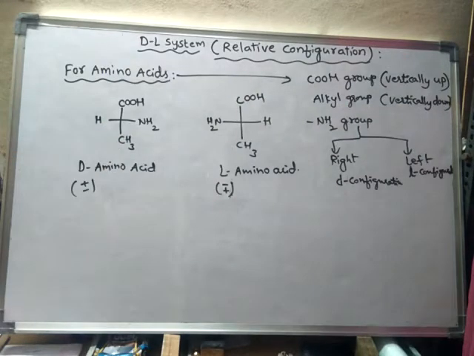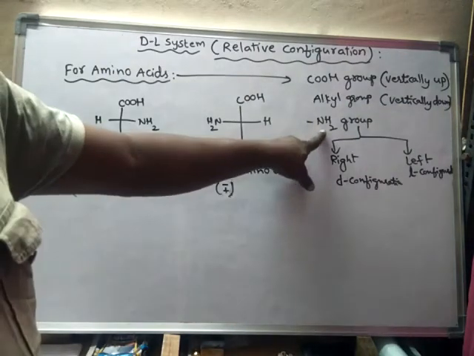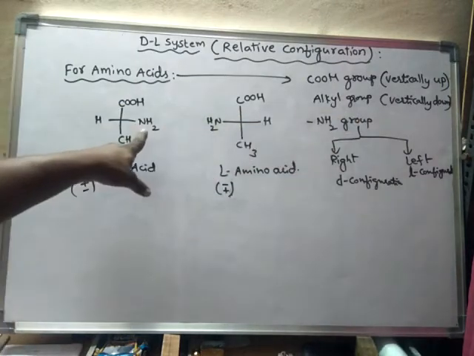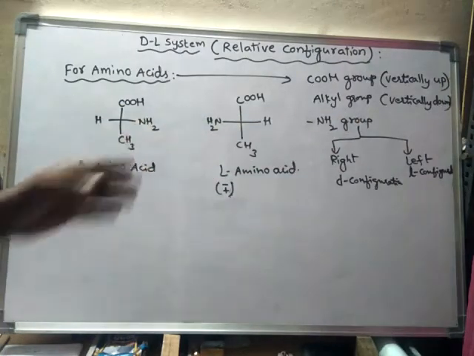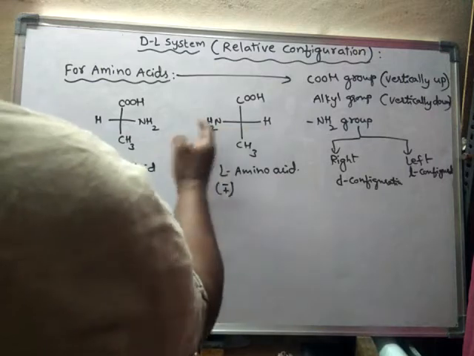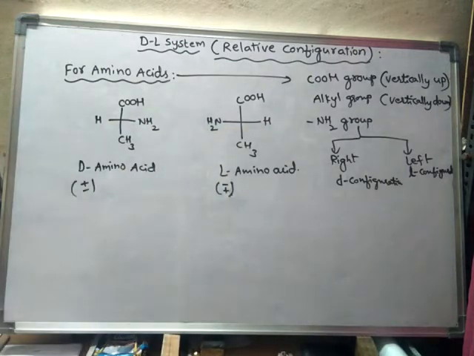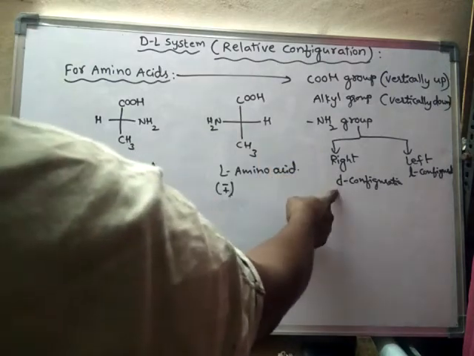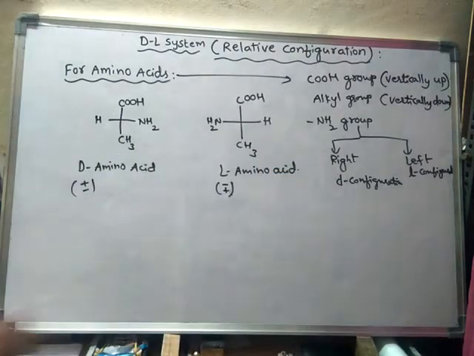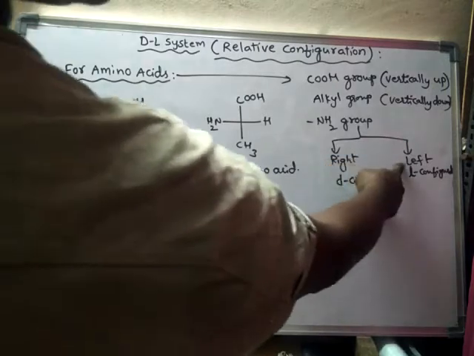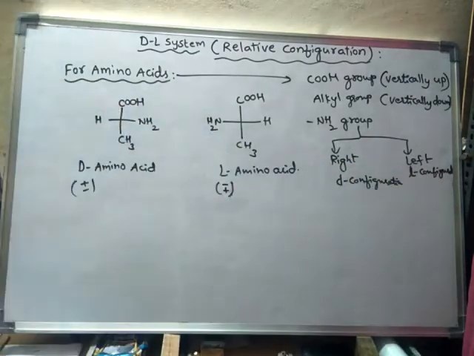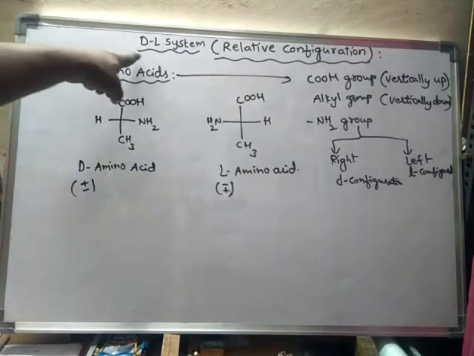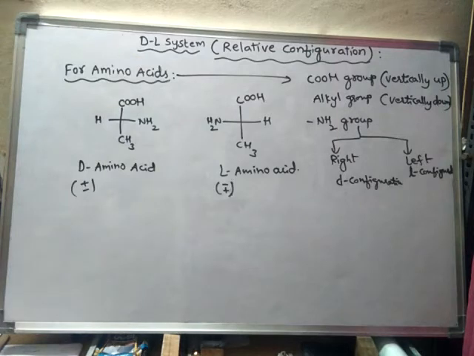The amine group, NH2, may be present on the right side, or else on the left side. If the NH2 group is present on the right side, then it is said to be D configuration. If the NH2 group is present on the left side, then it is said to be L configuration. So in this way, D configuration and L configuration can be given for amino acids.